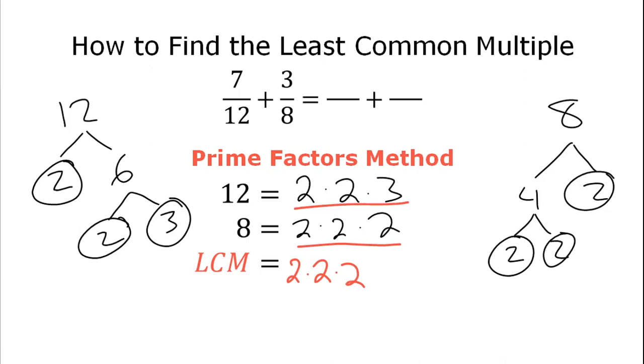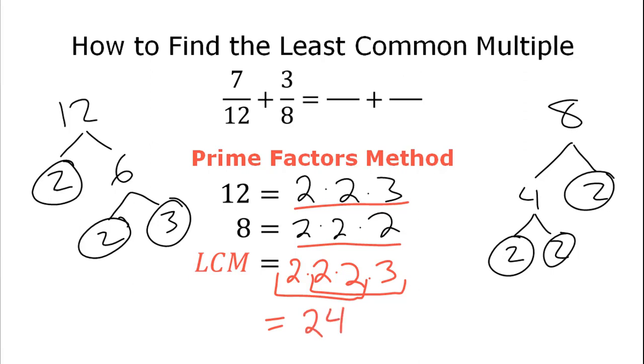And then in order to have the prime factorization for 12, you'd also have to have a 3 in there, because you would have the two 2's and the 3 to get the prime factorization for 12, and then the prime factorization for 8 would be these 3 2's. And so when you multiply all those together, you get 2 times 2 is 4, times 2 again is 8, times 3 would equal 24, and that tells you that your least common multiple is 24.